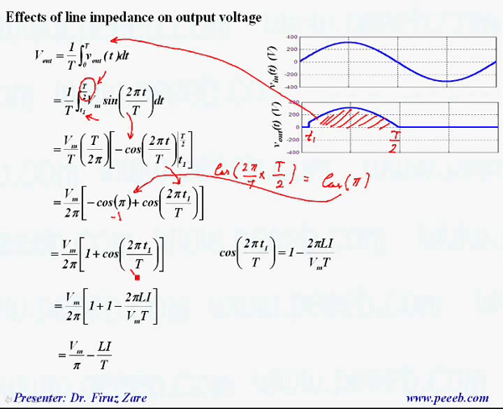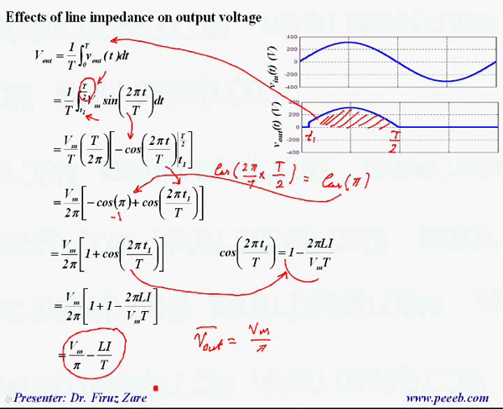That means from the previous equation we found cosine 2 pi T1 over T as this term, and when we put it in this equation we can get that voltage. The difference is that when we have no line impedance, the output voltage, the DC voltage, is Vm over pi, and when we have line impedance, this voltage is deducted from the output voltage.